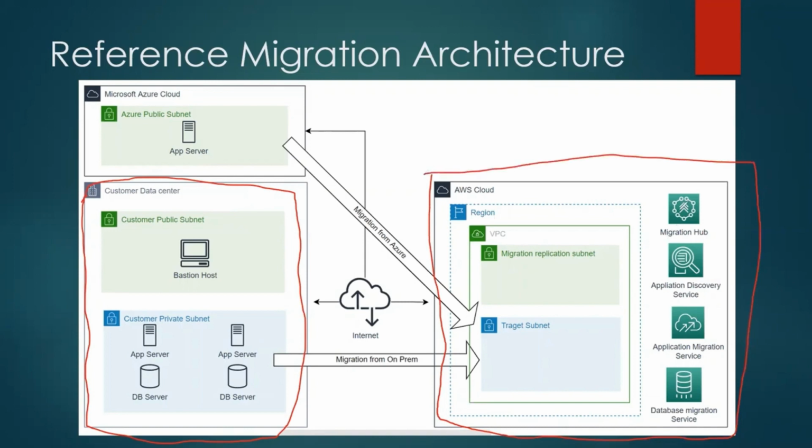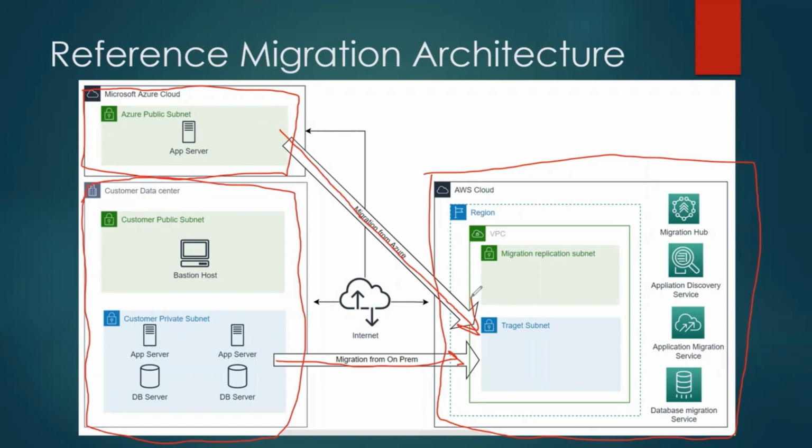Using AWS services, we will migrate this environment to AWS, and also from Microsoft Azure cloud, we will create servers, and from there also we will migrate the server from Azure to AWS.